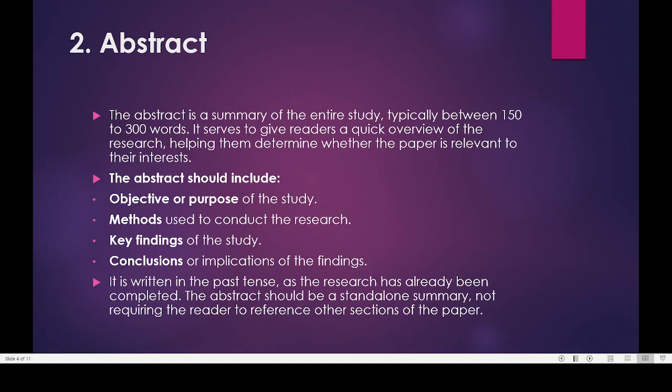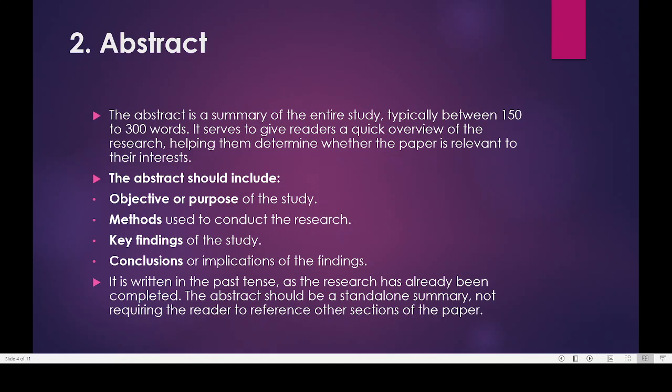As the research has already been completed, abstract should be a stand-alone summary, not requiring the reader to reference other sections of the paper. That is, by simply reading the abstract, the reader should be able to understand what the main aspects are which we will be discussing in this paper.